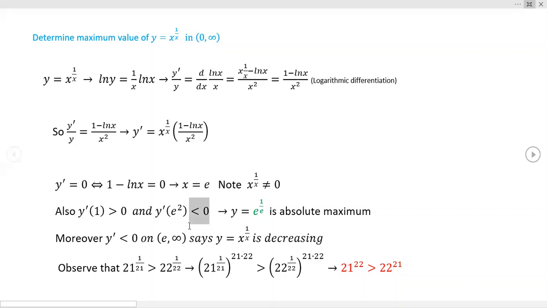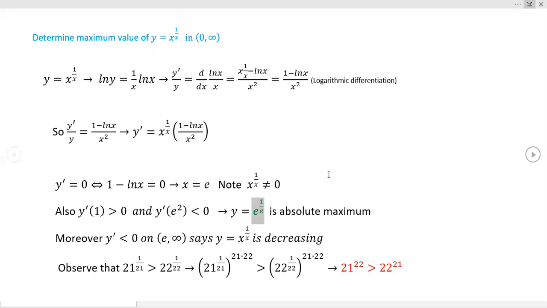All right, so this means that the function would be increasing all the way up until e, and then decreasing once you got past e. And so that means that e raised to the 1 over e is an absolute maximum, okay? And that's kind of the result. E raised to the 1 over e is the absolute maximum on this graph, whatever it really looks like.